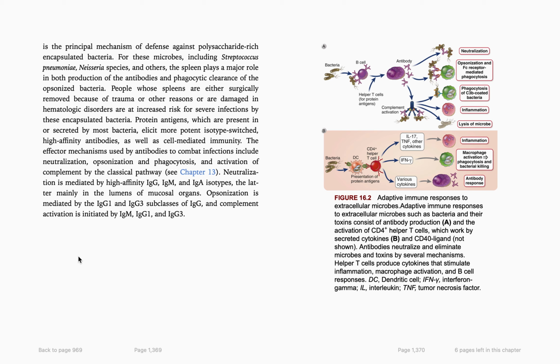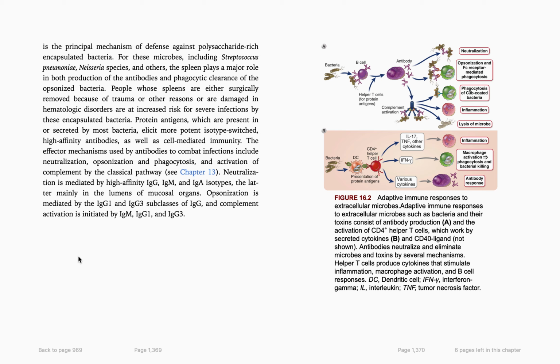For these microbes, including Streptococcus pneumoniae, Neisseria species, and others, the spleen plays a major role in both production of antibodies and phagocytic clearance of the opsonized bacteria. People whose spleens are surgically removed because of trauma or other reasons, or are damaged in hematopoietic disorders, are at increased risk of severe infection by these encapsulated bacteria.